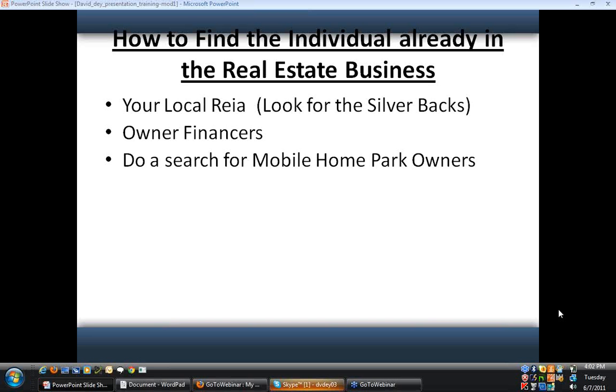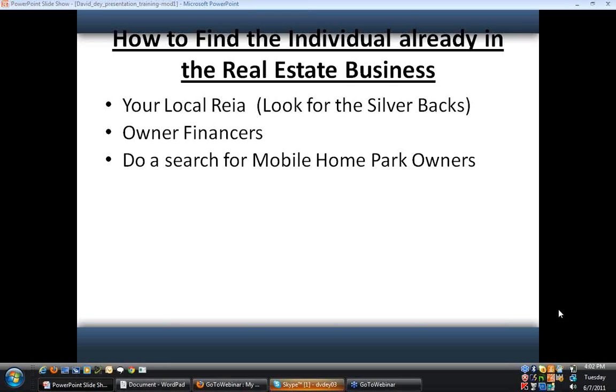So in order to buy it, more times than not, they have to use creative financing, owner financing, and different tools like that to buy the park in the first place. So it's not that much of a stretch for you to teach them how you do creative financing. Mobile home park owners are a phenomenal resource.